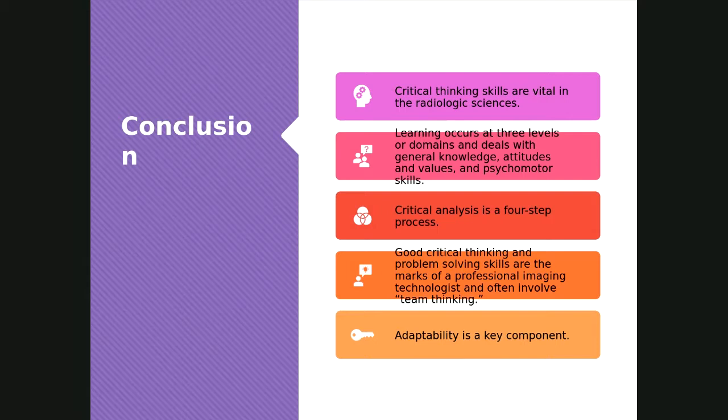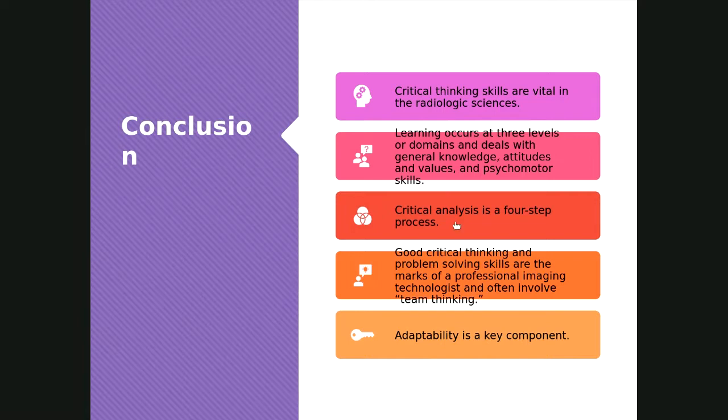In conclusion, critical thinking skills are vital in our field. Learning occurs at the 3 levels or the domains. Remember, that is the cognitive, the psychomotor, and the affective domain. And they reference that it deals with general knowledge, attitudes and values, and the psychomotor skills.